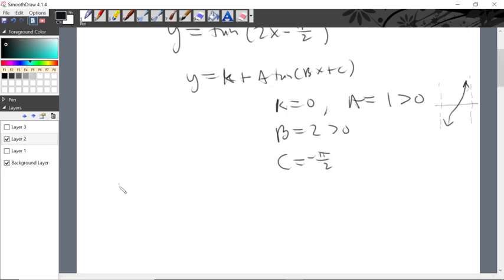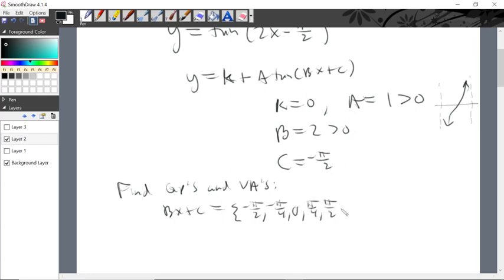Now I'm going to find the specific locations of the quarter points and the vertical asymptotes by setting bx plus c equal to the set of values negative pi over 2, negative pi over 4, 0, pi over 4, and pi over 2, and solving for x in each case.